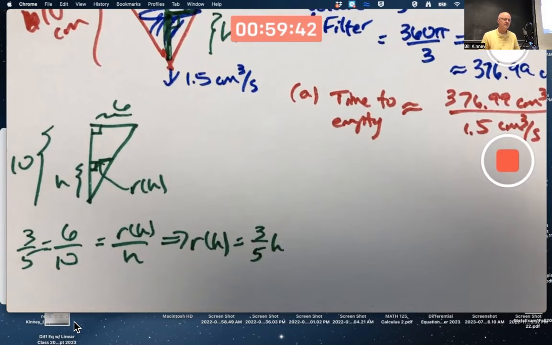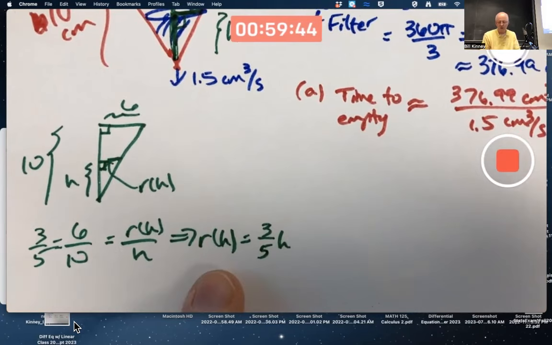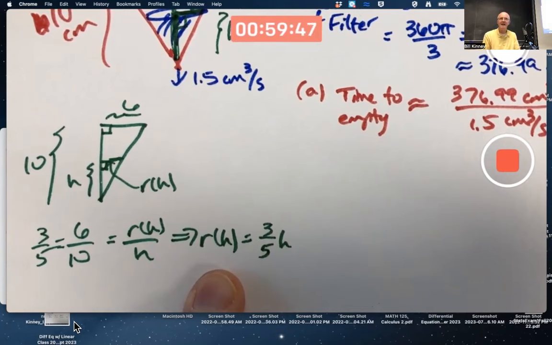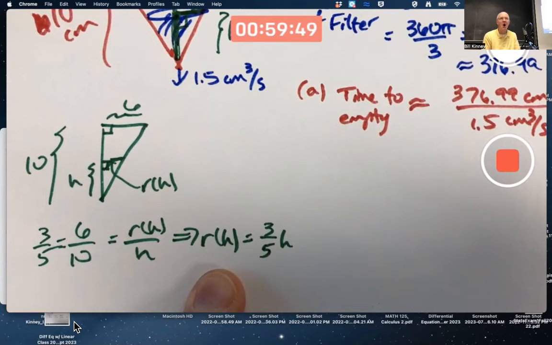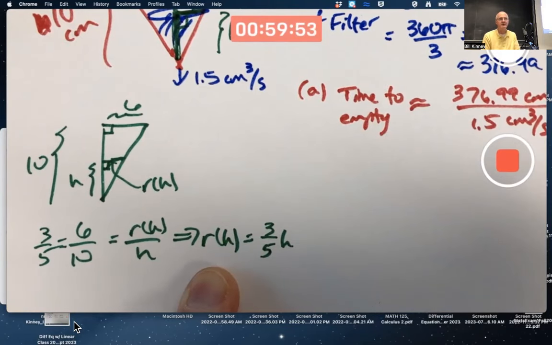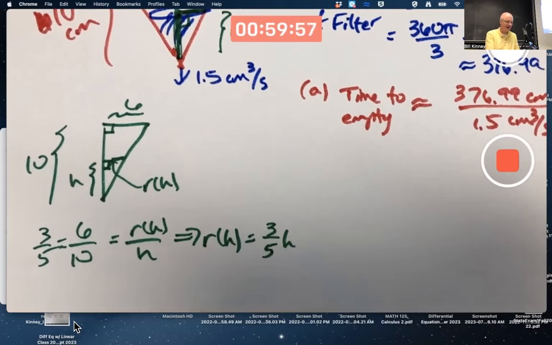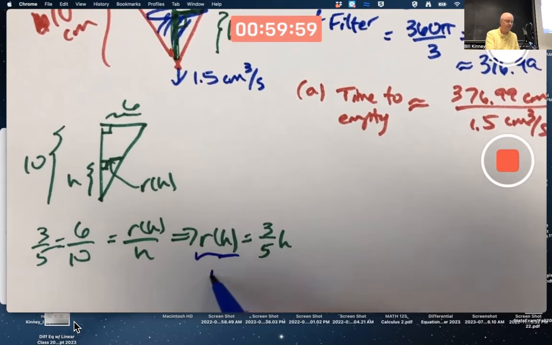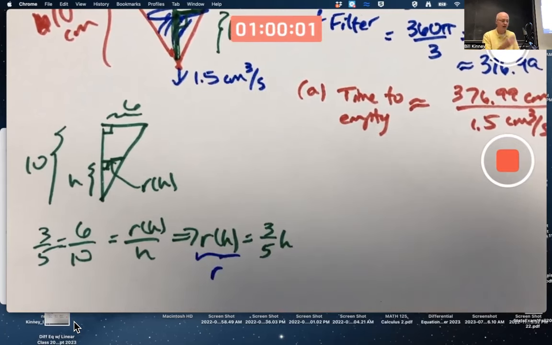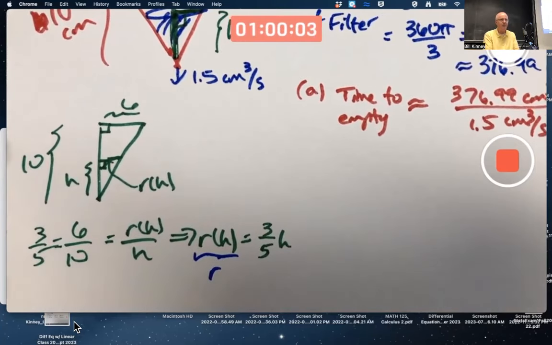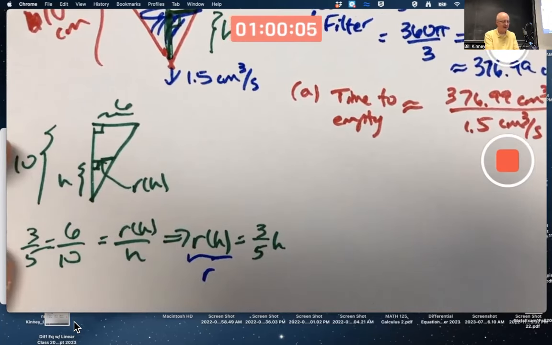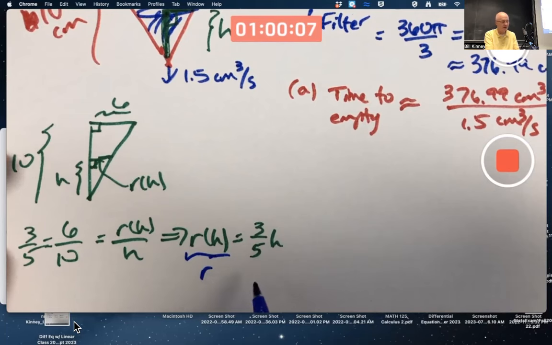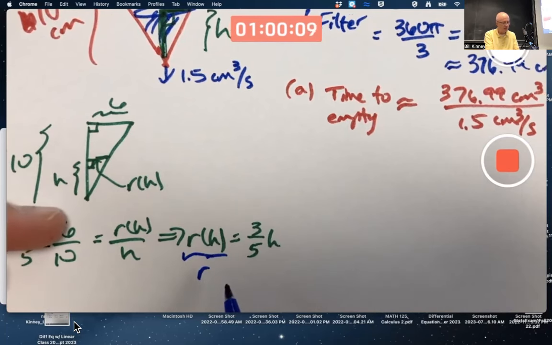That equation, I wrote it with function notation. I didn't have to. I could have just called this R instead of R of H, which is kind of abusing notation as it is. R is 3/5 H. You also could have figured that out by just thinking about it in terms of the fact that R of H has got to be a linear function of H and equal to 0 when H is 0.